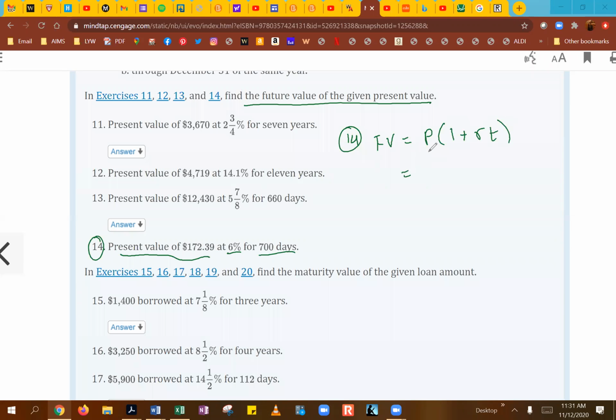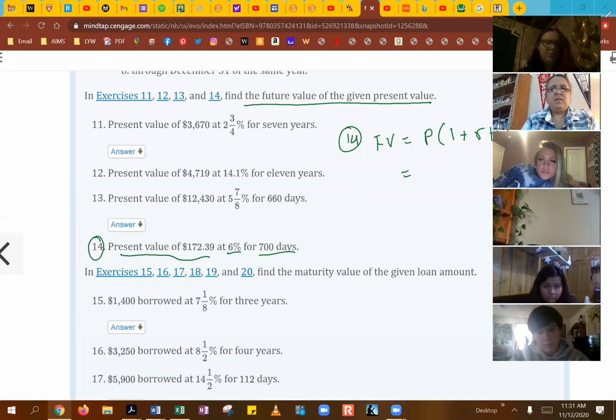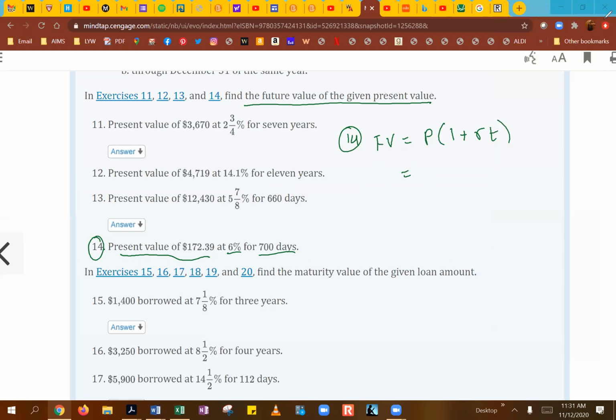Okay, let's see, Burgundy. Doesn't that seem like a large number though, the 7,000? You're only like $172.39. That'd be great if we could get that kind of earnings, right? From savings. Unfortunately, that doesn't happen in reality.